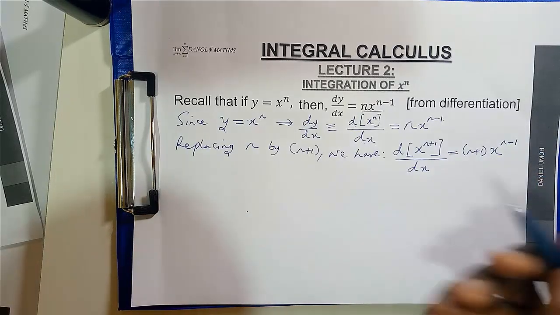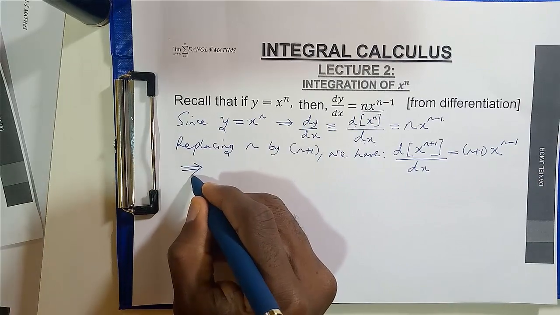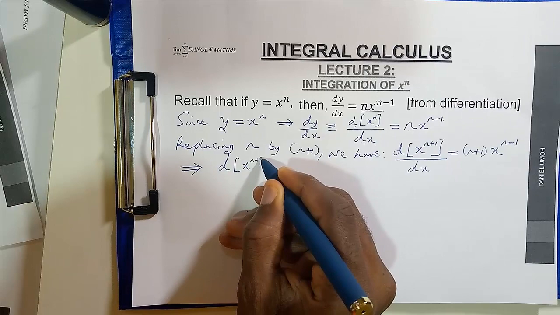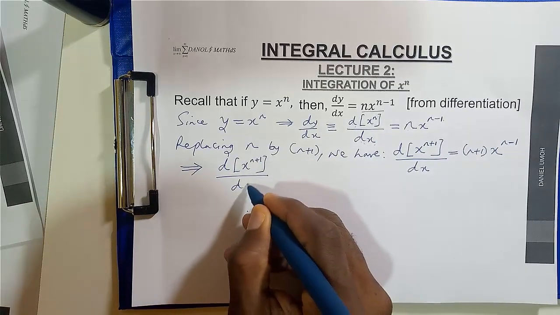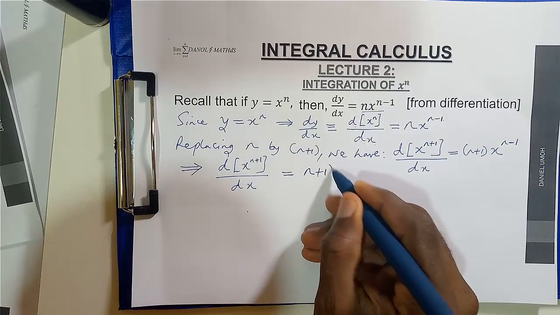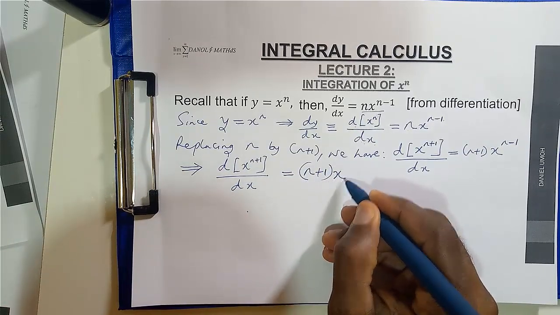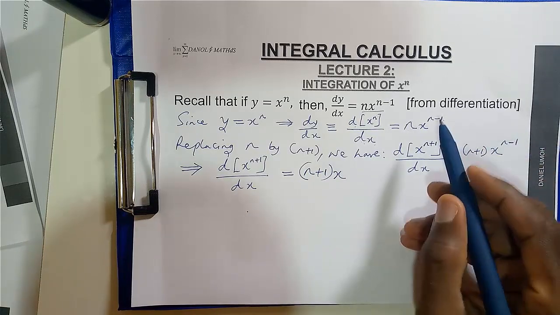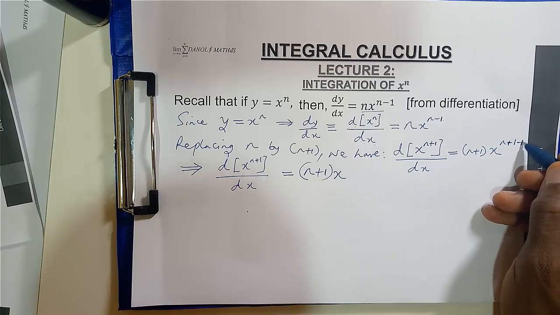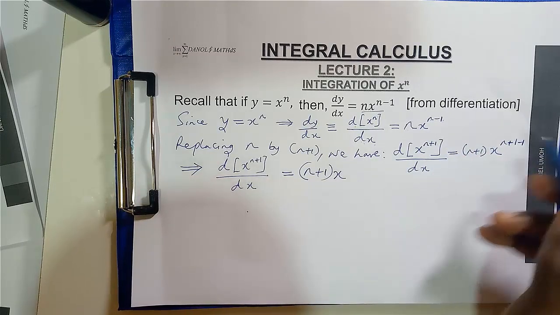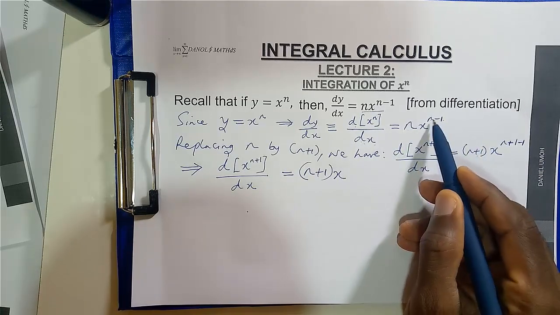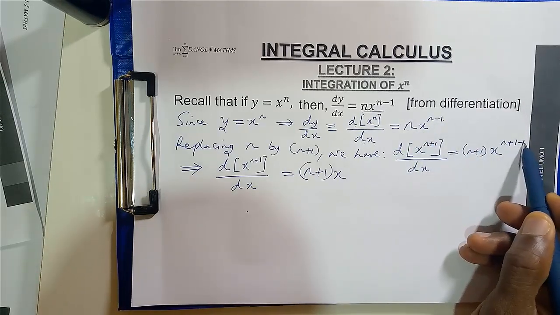So now what this simply means is that d of x raised to the power of n plus 1 all over dx is equal to n plus 1 x raised to the power of n plus 1 minus 1. Please take note of that. Remember, when I put n to be n plus 1, this n here becomes n plus 1, and this n here becomes n plus 1 minus 1.